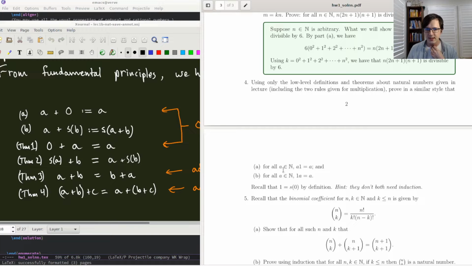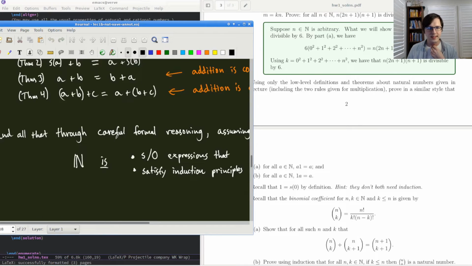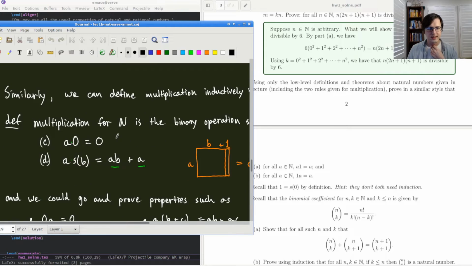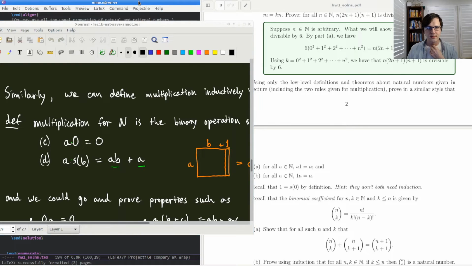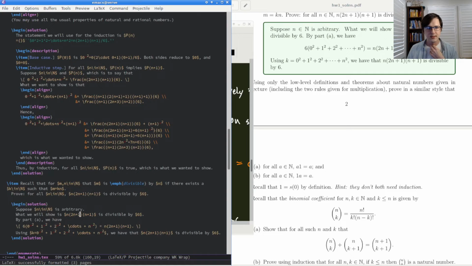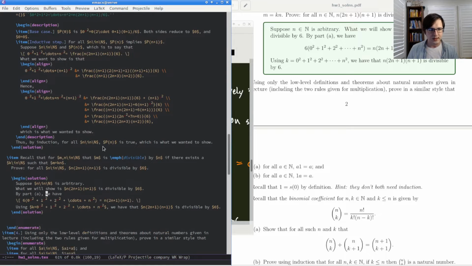So we wanted to show for all a, a times 1 is a. We also need the definition of multiplication. That was a times 0 is 0, and a times successor of b is ab plus a. Okay, so let's see, where are we?